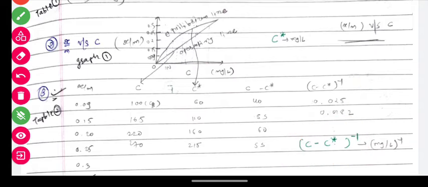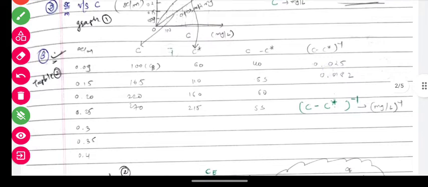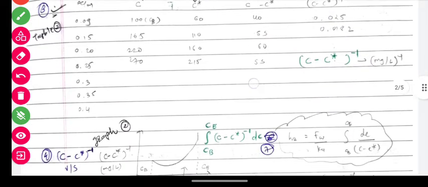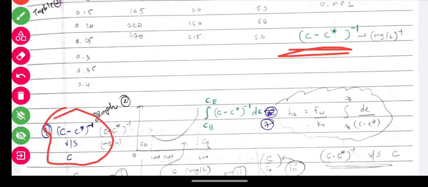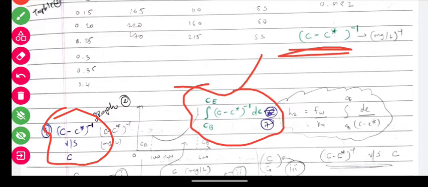Now what you are going to do, okay, in the second graph we will use this C minus C star value. We will plot the graph between C minus C star inverse versus C, and what we will get is the integration part. Okay, now this is the most confusing thing for all, how this area is calculated.